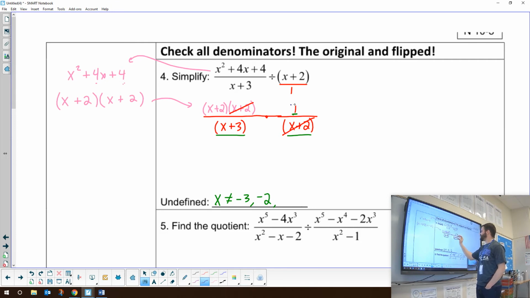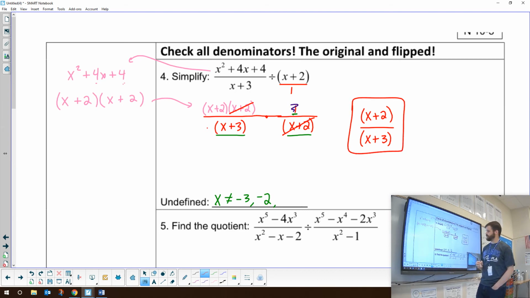This 1 just kind of goes away, okay? Because it doesn't actually affect anything. 1 times anything is whatever it was. So all I have left is on top, I have an x plus 2. On bottom, I have an x plus 3. You can write it with the parentheses or without the parentheses, but that is our answer.